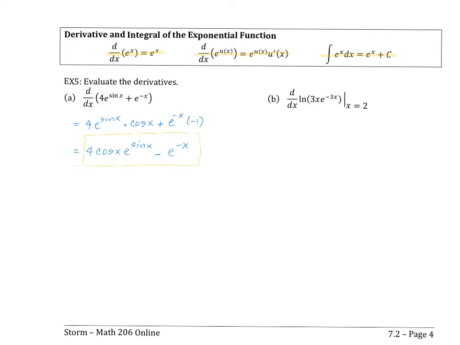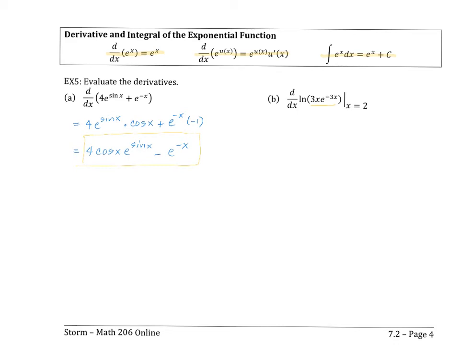Okay, so let's look at part B. This time we're asked to find a derivative and evaluate it when x is equal to 2. So if you look at the argument, 3 times x times e to the -3x, I really don't feel like taking the derivative of 1 over the argument and then multiplying it by the derivative of that argument, because that involves the product rule.